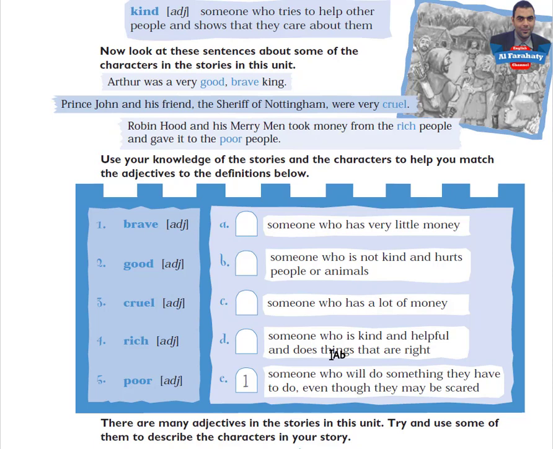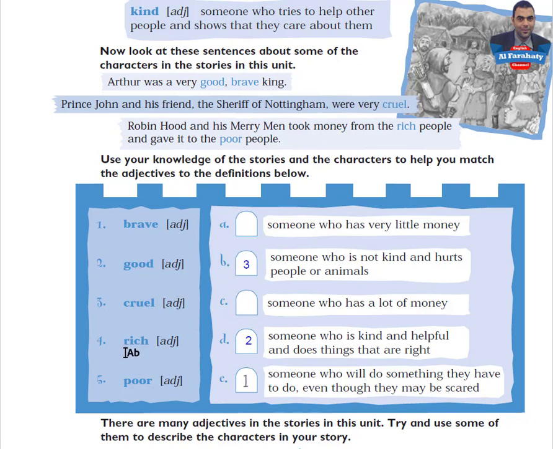Yes, someone who is kind and helpful and does things that are right. So D is number 2. 3. Cruel. Someone who is not kind and hurts people or animals. Yes. B is number 3.